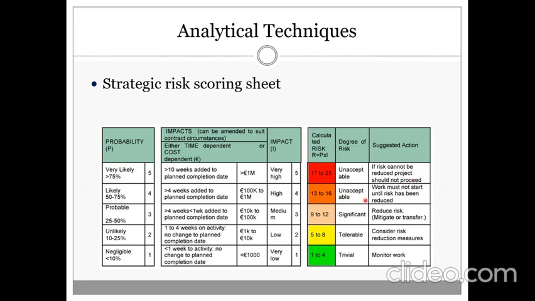How about high risk? Work must not start until risk has been reduced. Again, we are trying to make a reduction or mitigation for the risks, but we cannot start unless we have solutions for this challenge. For the third category here, we can handle that by mitigating or transference.